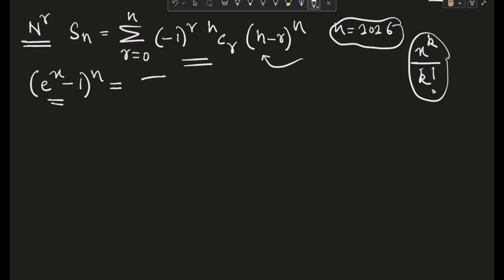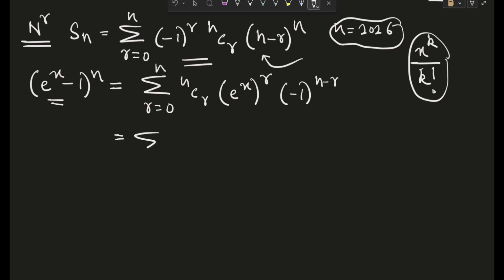So sigma r equals 0 to n. This thing is your nCr, like the normal binomial expansion. The formula we have is e power x power r and minus 1 power n minus r. So this thing is sigma r equals 0 to n; we take minus 1 power n minus r to this side.